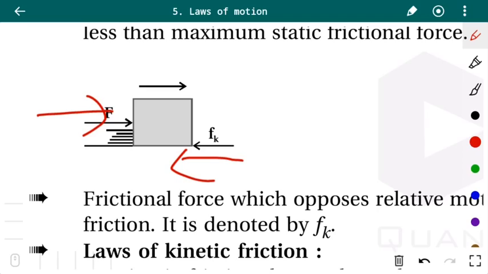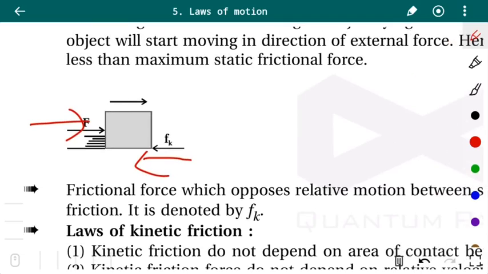Now see, if the frictional force is such that it can keep the object stationary, that frictional force is called the static frictional force. And the maximum frictional force that does not allow the object to move, the maximum force provided against the external force to keep the object stationary, is called the static frictional force.